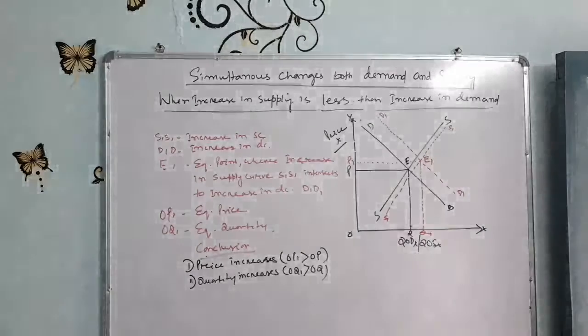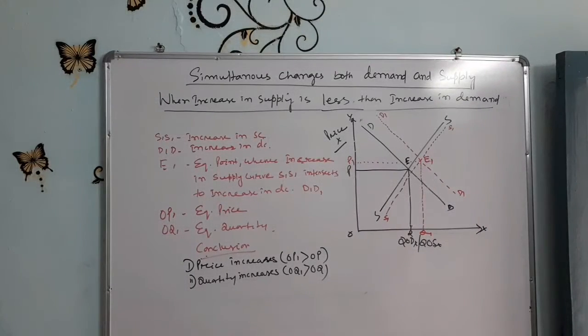So the conclusion is that when the increase in supply is less than the increase in demand, then price increases and quantity also increases. Both price and quantity increase. Clear?